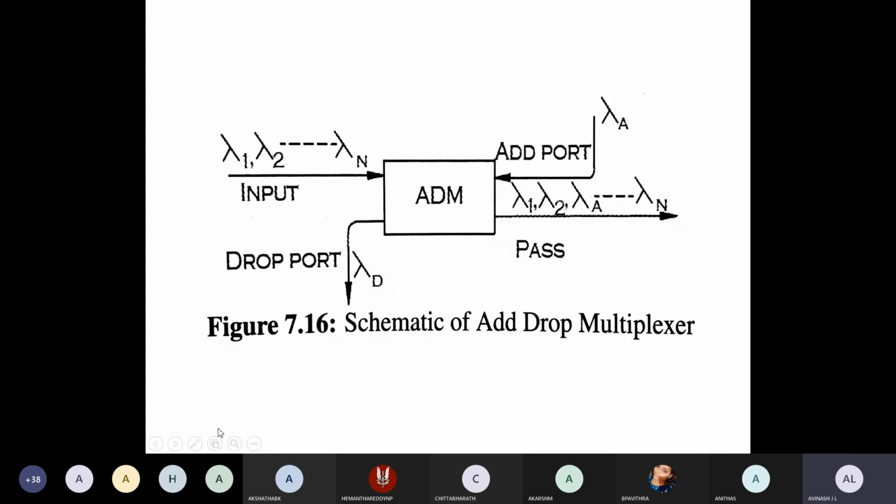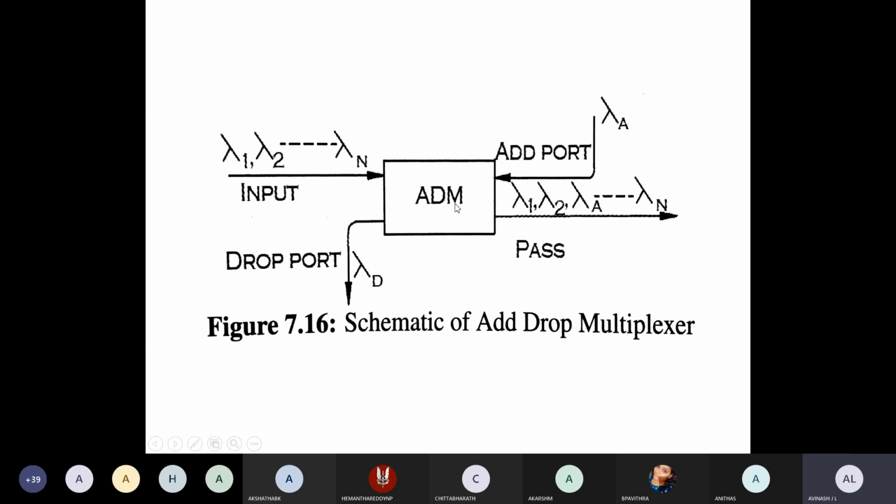Inside this, you can see the schematic of add drop multiplexer. Here also there is an input port, an output port, an add port and a drop port.